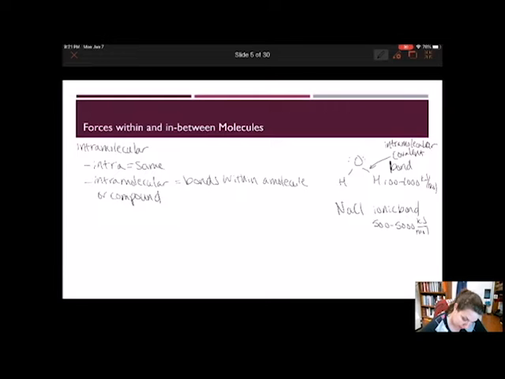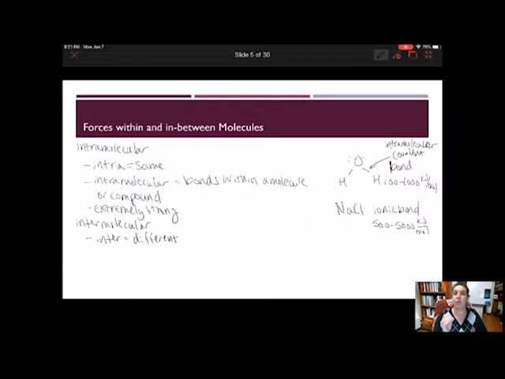Because this is what's actually holding our molecule together. Intermolecular. Inter means different. So this is going to be forces that hold molecules together.